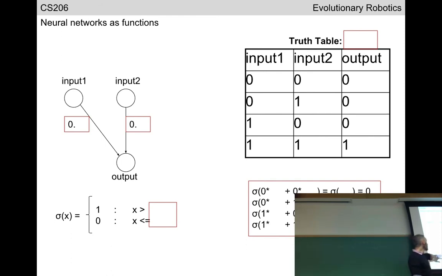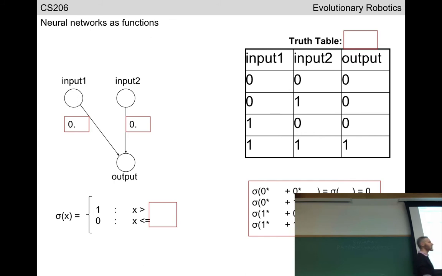We're going to use a threshold activation function over here. We have just one output neuron, so we only need one activation function for this neuron. We need to pick one number in here, which is going to be the threshold. If the raw sum arriving at this neuron is above our threshold, we're going to set the output to 1.